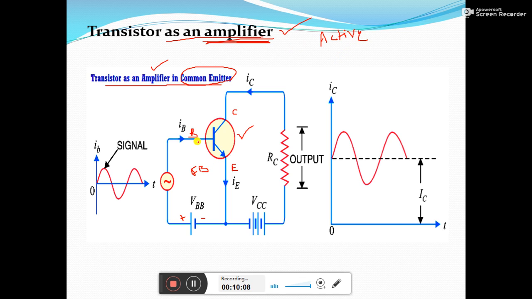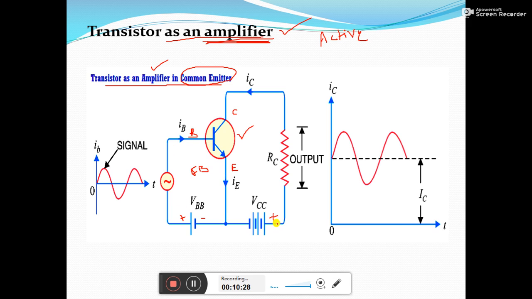As we know, the emitter to base junction here is forward biased. Regarding the collector to base junction, the collector, which is again an n-type material, is connected to the positive terminal of the battery here, and the base is again connected to the positive terminal of the battery here. Remember, the collector terminal is more positive compared to the base terminal.